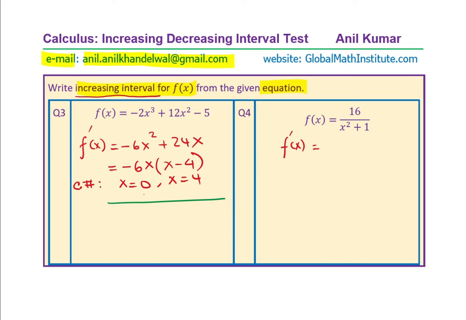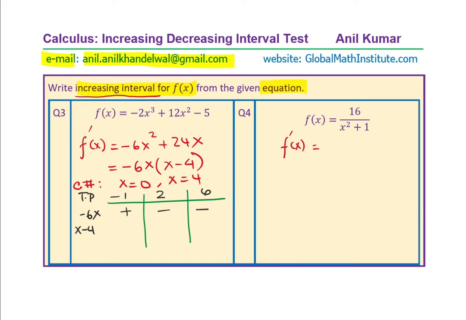So let's analyze the intervals by taking test points. From minus infinity to 0, we could take minus 1, 2 here, and let's say 6 on the other side. So the factors are minus 6x, and the other factor is x minus 4. Minus 6x will be positive when I substitute negative 1, but when I substitute 2 and 6, it becomes negative.